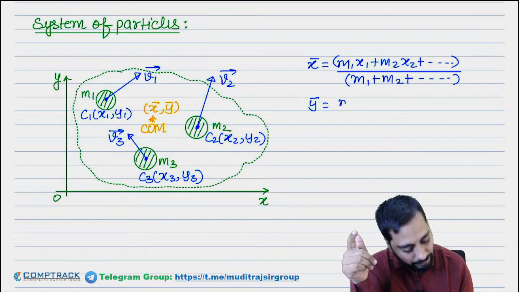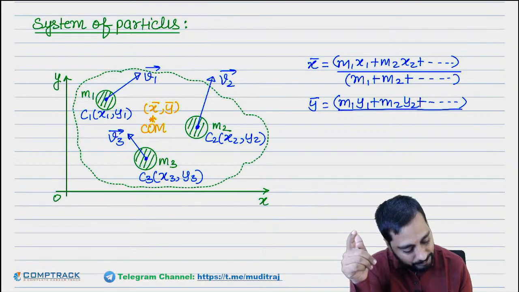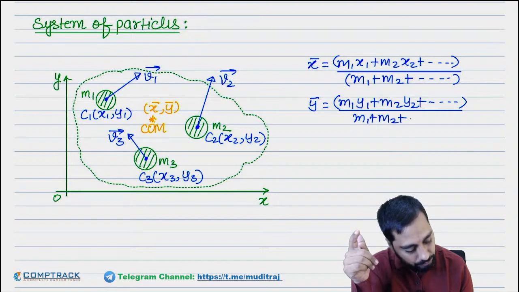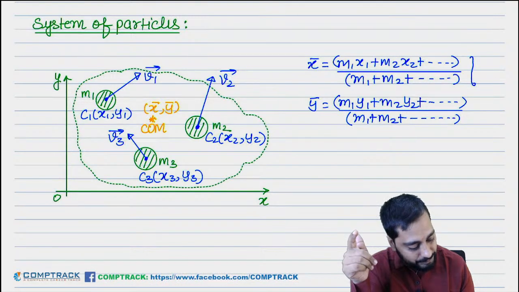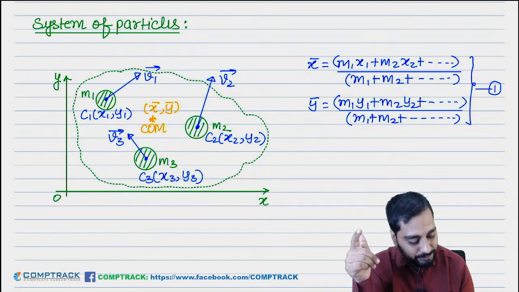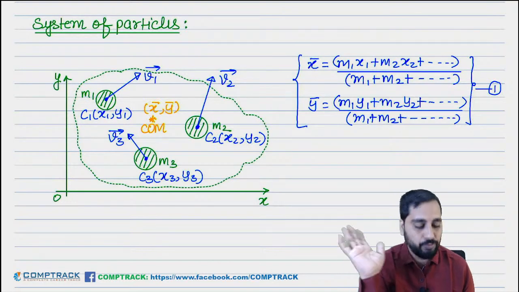Similarly you can find y bar: m1 y1 plus m2 y2. We used to find it like this, already done in the center of mass chapter. Yes or no? Yes. So our first work is complete. We can find the center of mass of the system like this if they ask you.